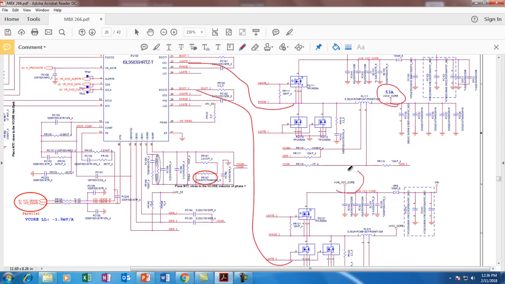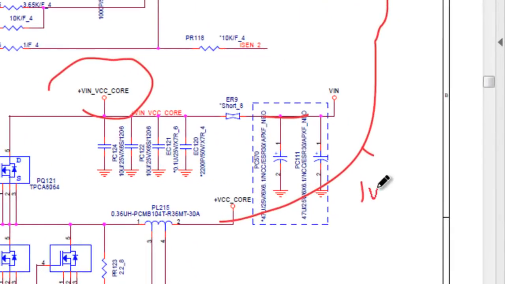It triggers from these 2 sections, and here the CPU core voltage is generated on both sections, and these 2 sections connect to each other. Here you should find 1 volt, somewhere 0.8 volt or 0.9 volt, something like that. You can't check the current here. You should get a voltage over here.